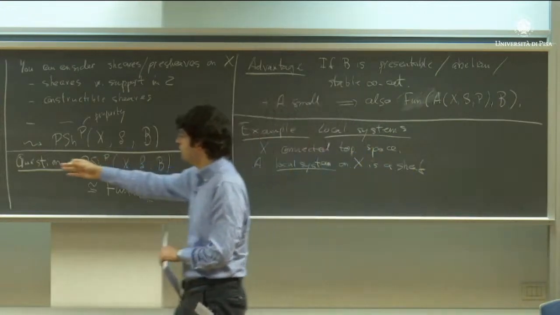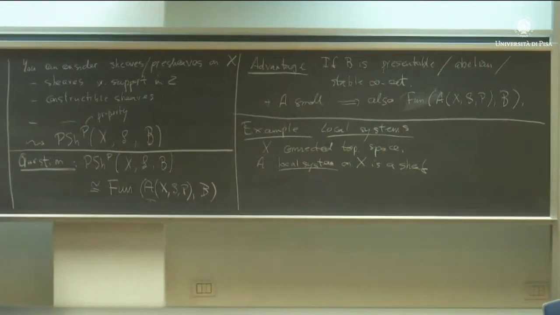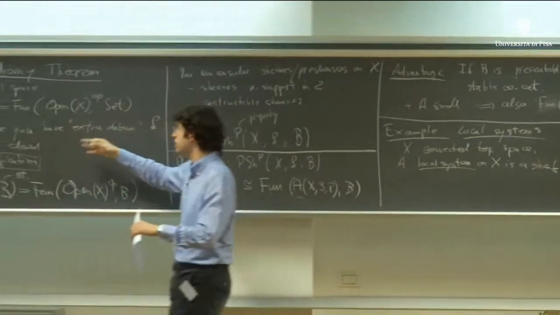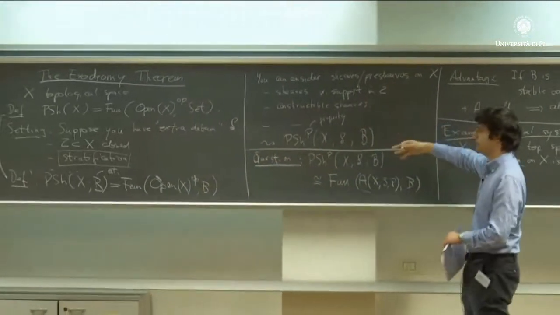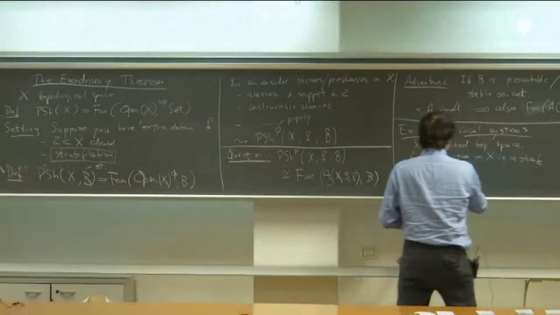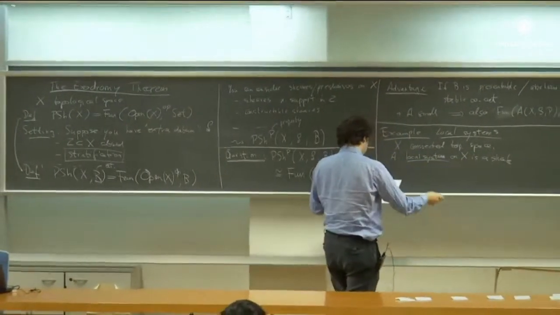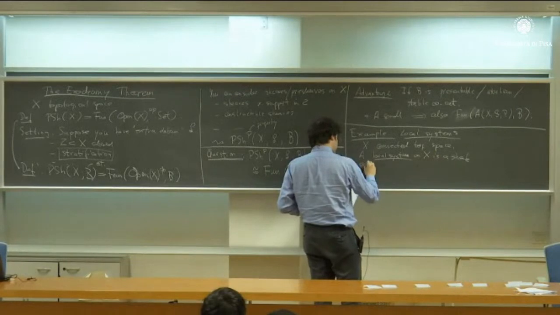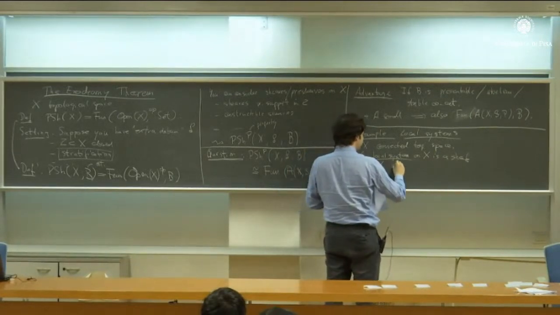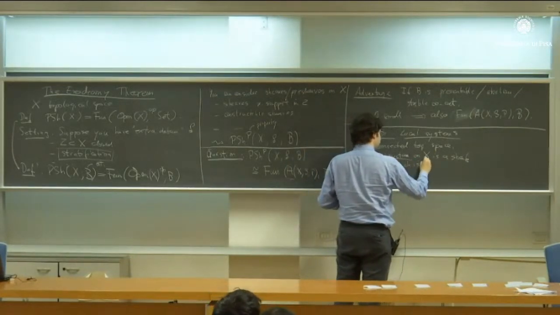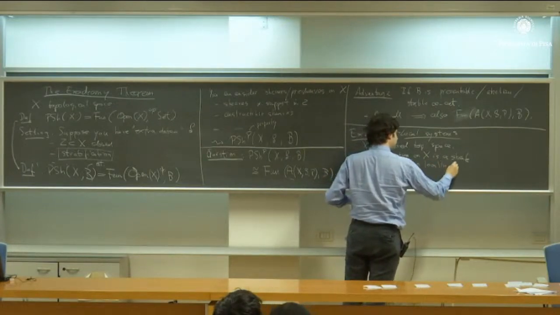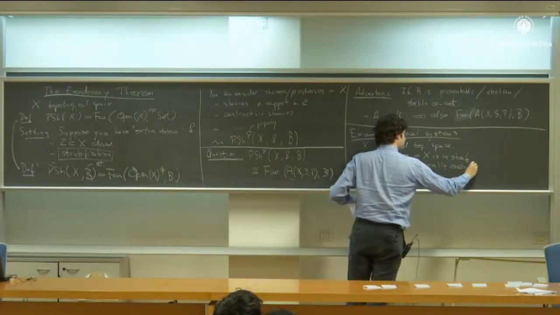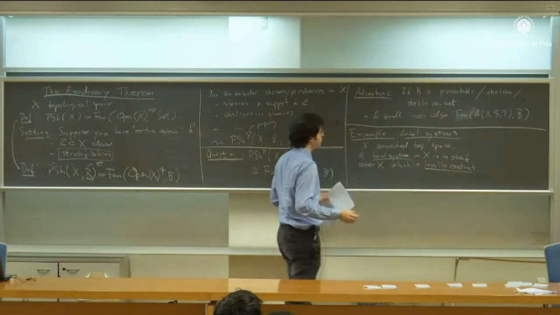Oh, sorry, for example, here I could have added a Grothendieck topology. This would be another extra structure with respect to which I can ask some properties to be true. So a local system on X is a sheaf over X which is locally constant. Okay, that's the definition.